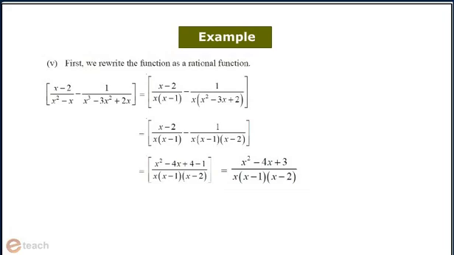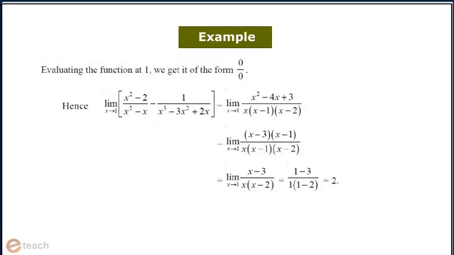Number 5. First, we rewrite the function as a rational function. That is, we take the LCM and then simplify to get the function as x squared minus 4x plus 3 divided by x into x minus 1 into x minus 2.